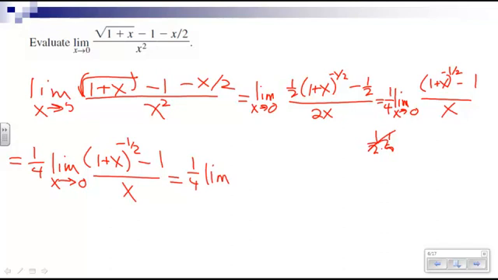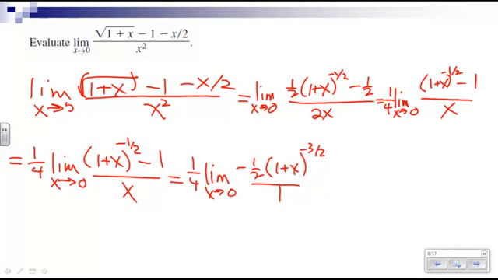And when I do it again, this is going to be negative 1/2, 1 plus x to the negative 3/2. What about this minus 1 here? It becomes 1. And now, can I apply the limit? Does it blow up? Wait, isn't this a negative 3/2?